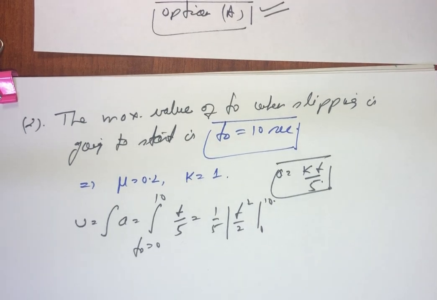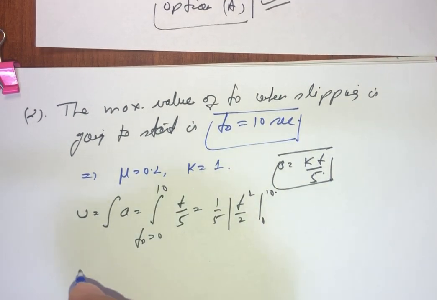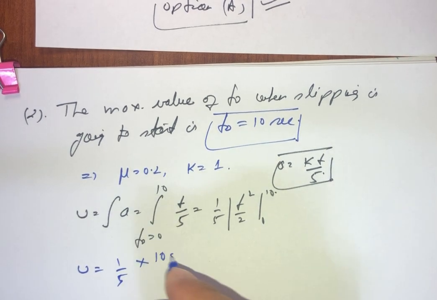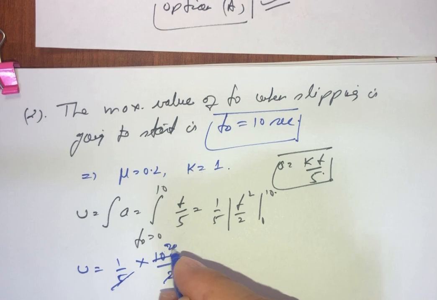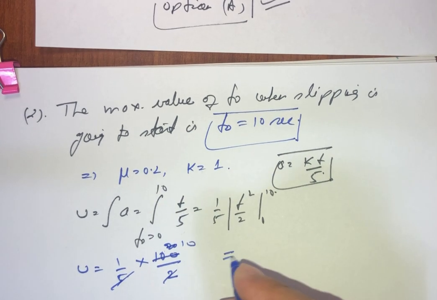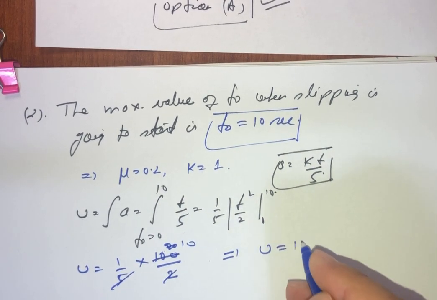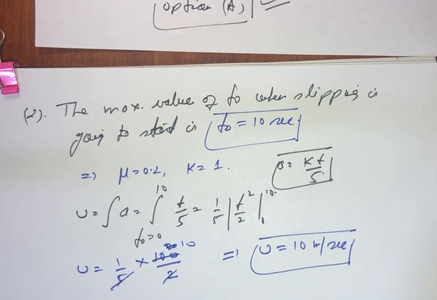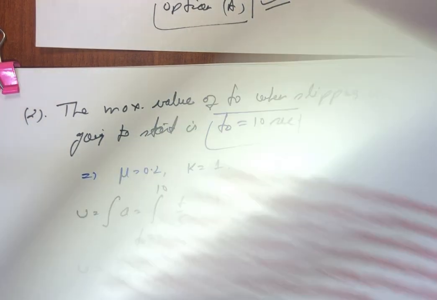So velocity will be 1 upon 5 times 100 divided by 2. This 5 goes into 20 and this goes by 10, so velocity is equal to 10 meter per second.